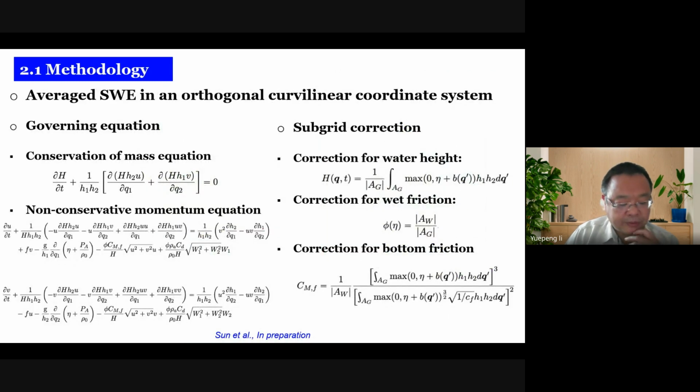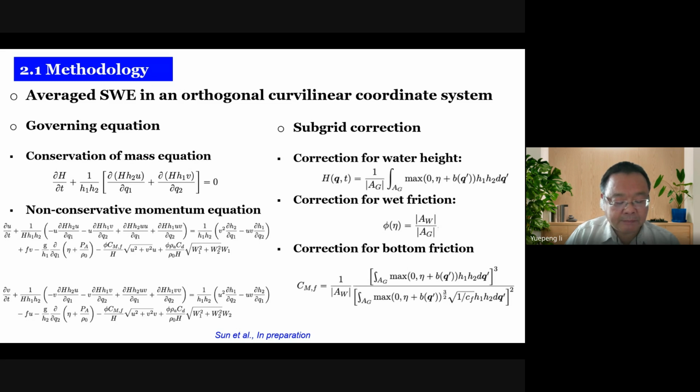The starting point of this research is to derive the set of averaged shallow water equations and the corresponding subgrid correction in Cartesian coordinates. By applying the coordinate transformation, we have the averaged shallow water equations and the subgrid correction in orthogonal curvilinear coordinates.